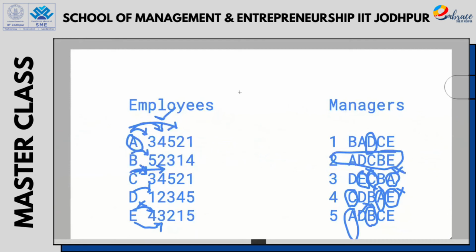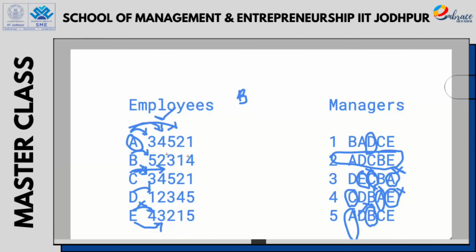Now that leaves us at round 6, where we have B again, the employee who is left without a manager. And the loop continues until there is a point where nobody is left out on the employee side.